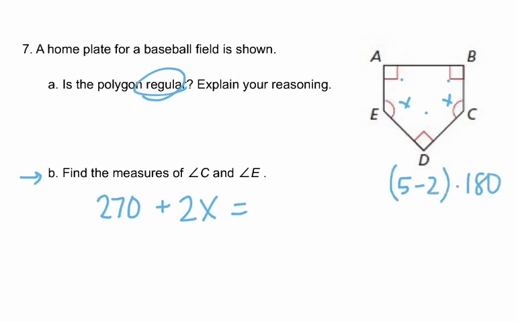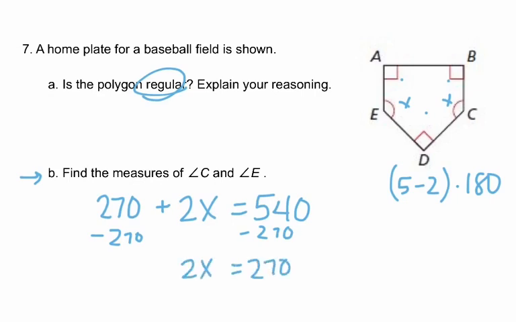The sum of a pentagon is 540 degrees, so I can use that in my equation. Doing a little bit of algebra, subtracting 270 from both sides, I would get that 2x is equal to 270. Divide both sides by 2, x is equal to 135 degrees. So that answers B. The measure of angles C and E are both 135 degrees.